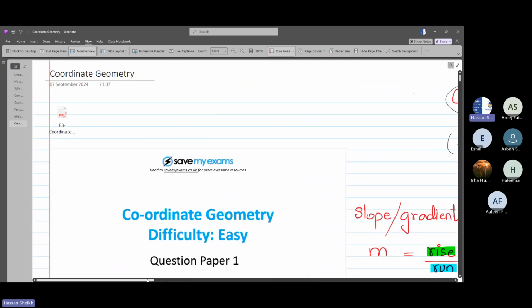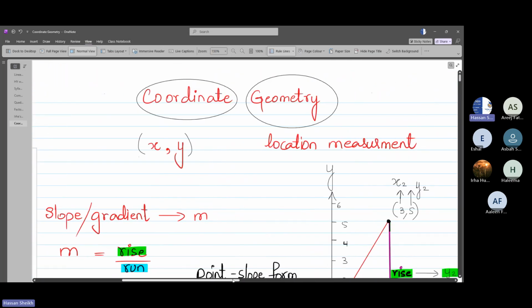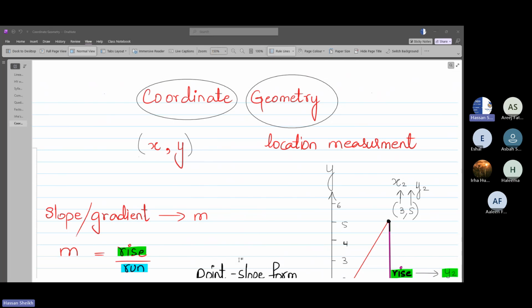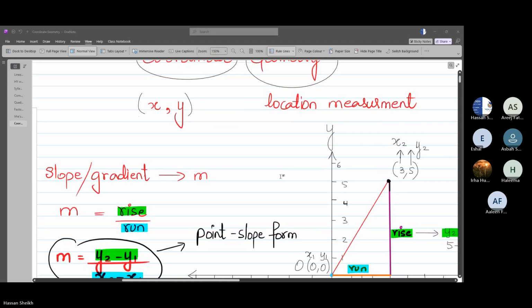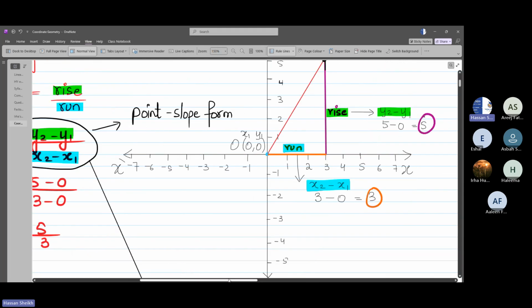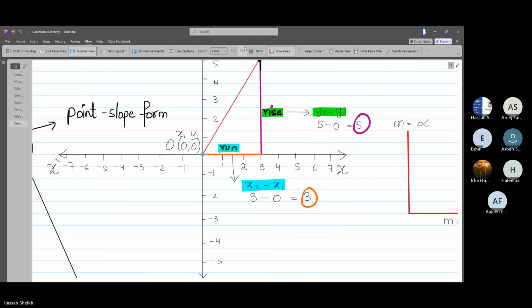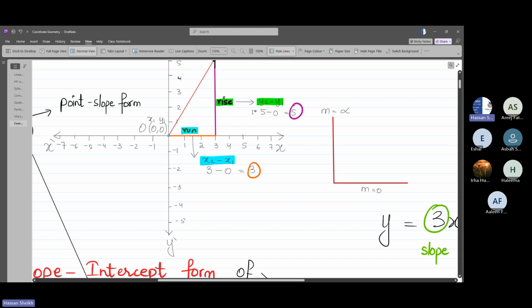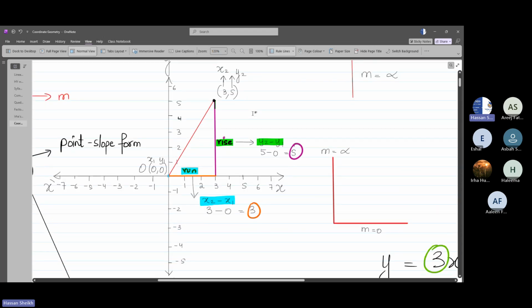Okay, let's start. So what is coordinate geometry all about? What are the coordinates? Coordinates are the x and y point on the graph. You know that this is how a graph looks like. Towards the right, we have positive x points, so we have the positive x axis to the right of the origin.